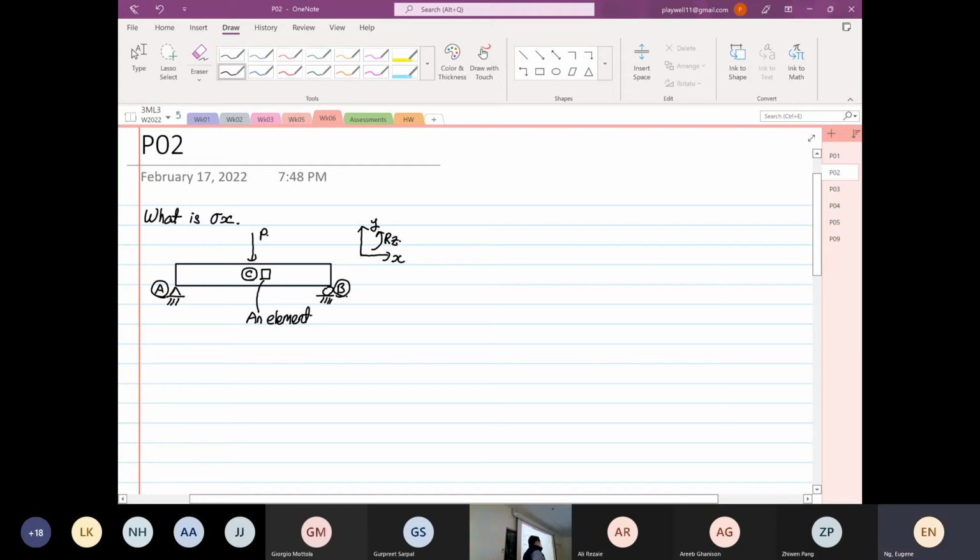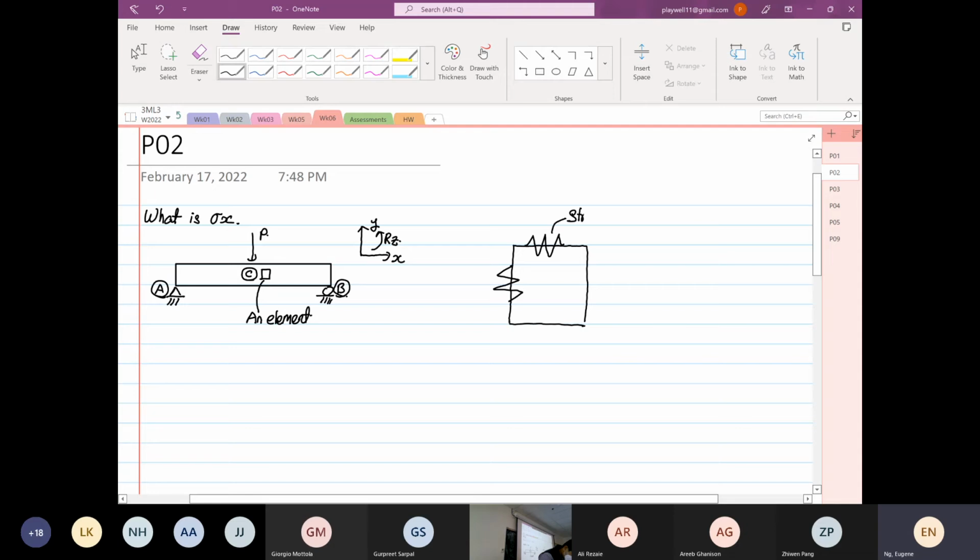So in real life, what is an element in the physical world? I'm going to expand this. Basically, you can put strain gauges. So you're measuring.